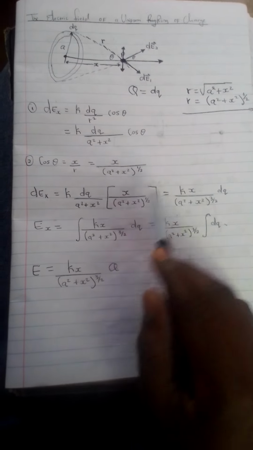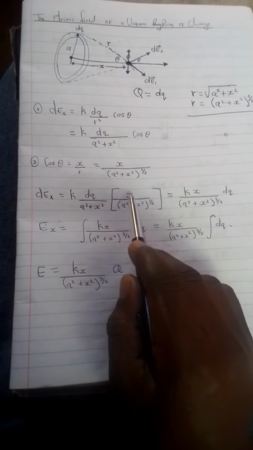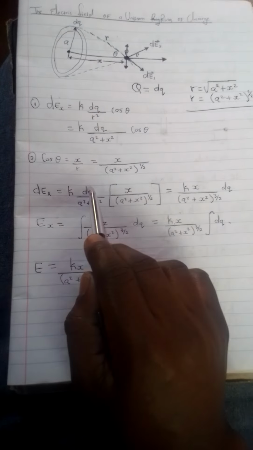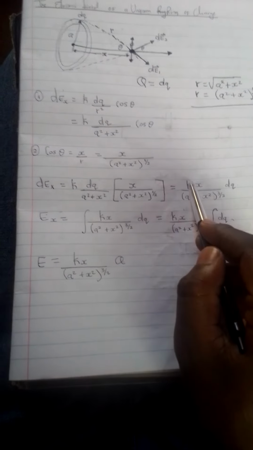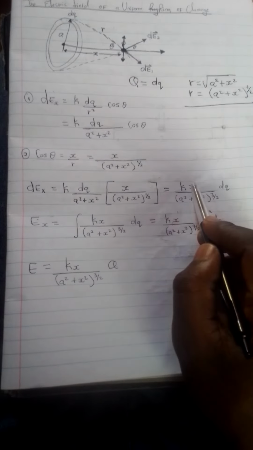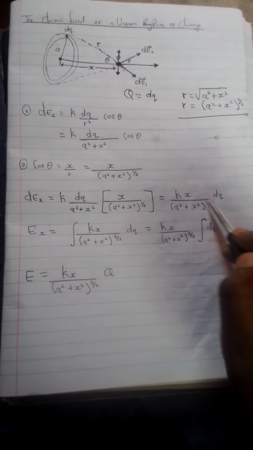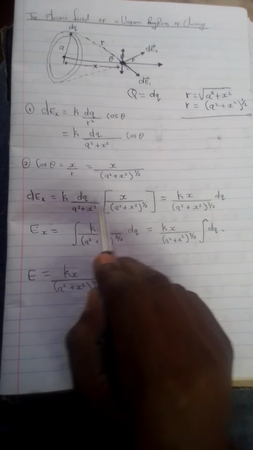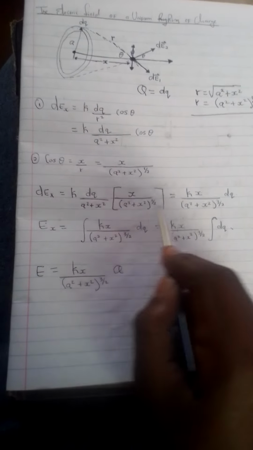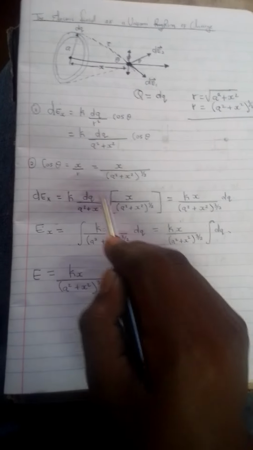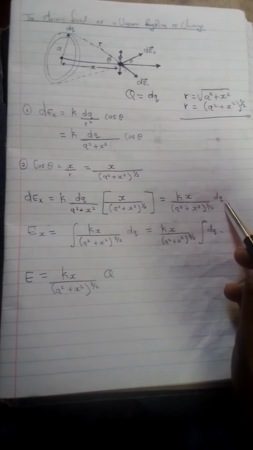Okay, fine. Then I take this x in the numerator, so I multiply this x with this k, which is the Coulomb's constant. So I'll have kx all over a squared plus x squared all to the power of 3 over 2, because these are the like terms. 1 over 2 plus 1 will give me 3 over 2.